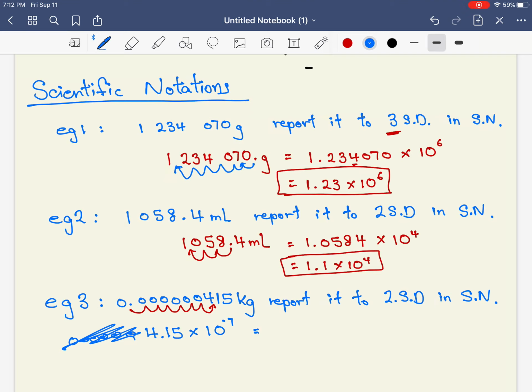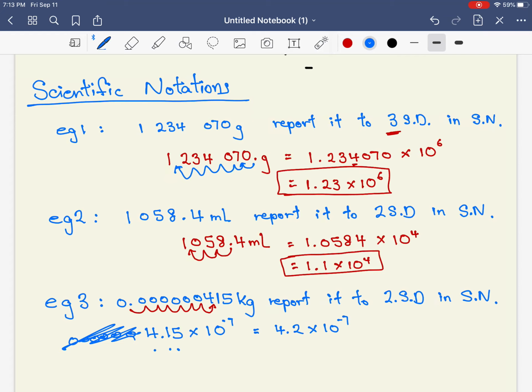Well, I don't want 3 significant digits. I want 2 significant digits, so therefore I'm going to round this to 4.2. So this is going to be 4.2 times 10 to the power of -7. Okay? That is scientific notation.